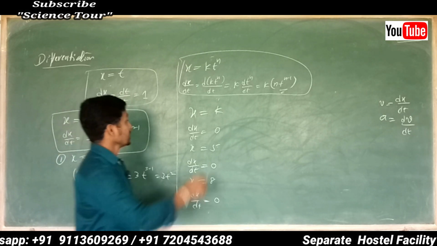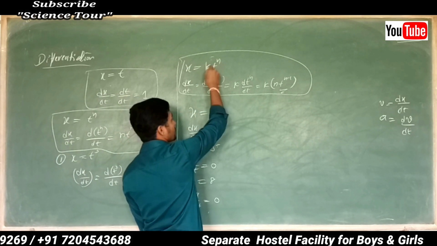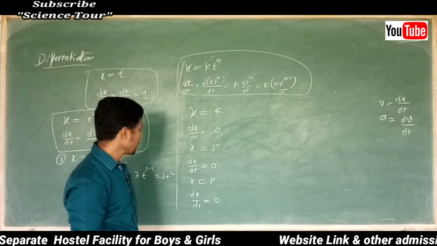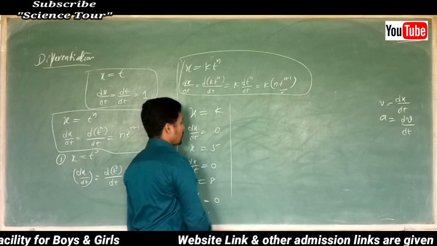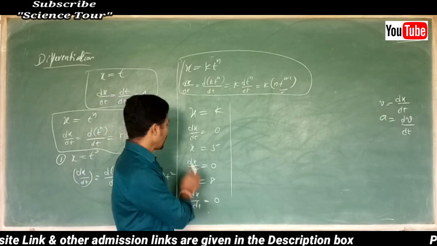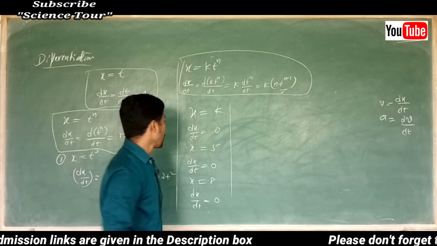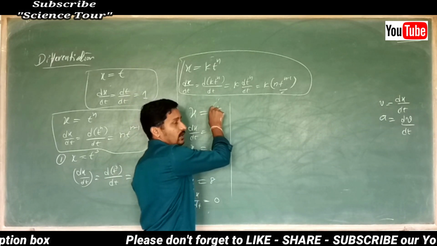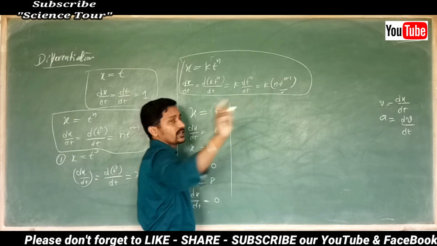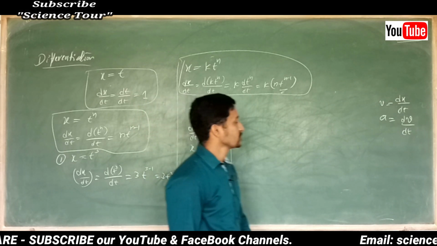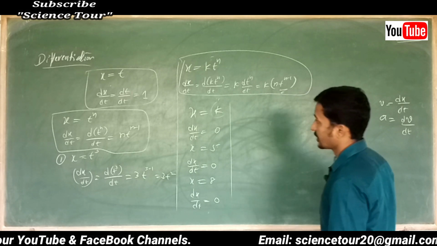Here the variable is not there, no. So whatever the constant may be, it is not only for 5 and 8, whatever separate number comes, dx by dt will be 0. These are the things I wanted to tell you.